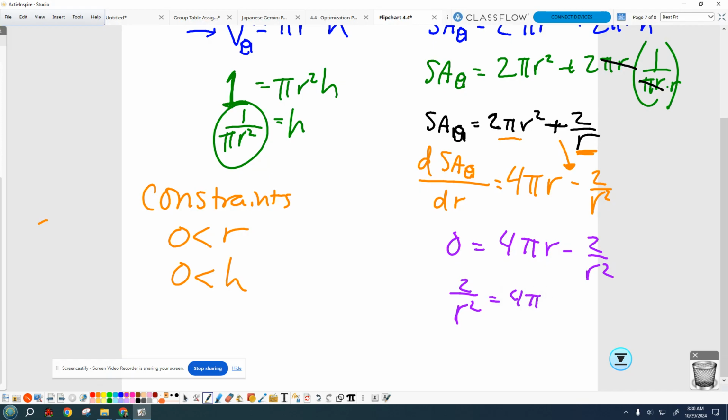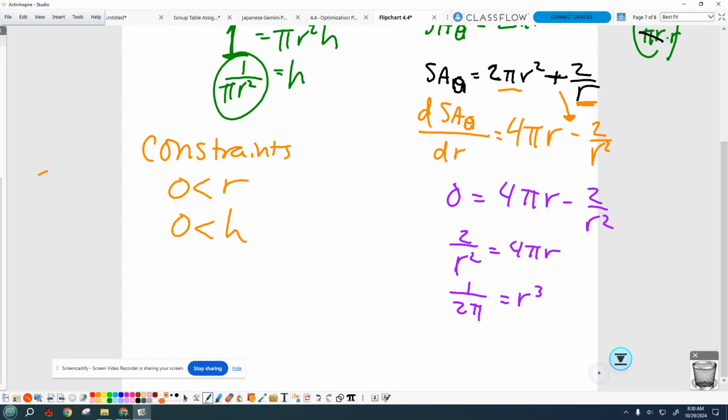You do the 2 over r squared, and then multiply by r squared. Okay.